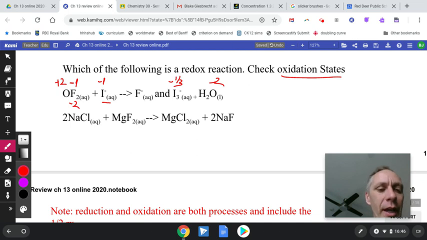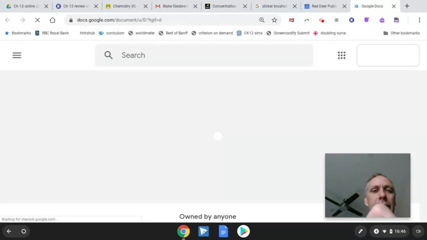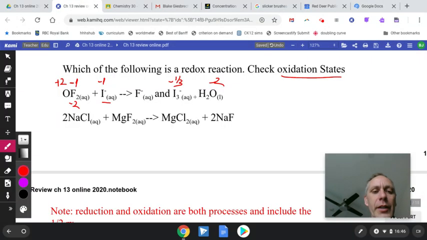Okay, Na+, Cl-. Cl- is 1- and Na is 1+. Over here, it's still 1+ and 1- for the Cl. Magnesium is 2+, 2+. Fluoride, 1-, 1-.